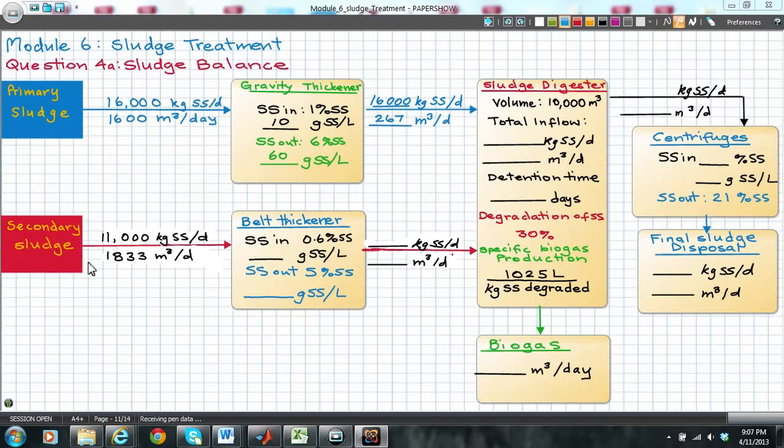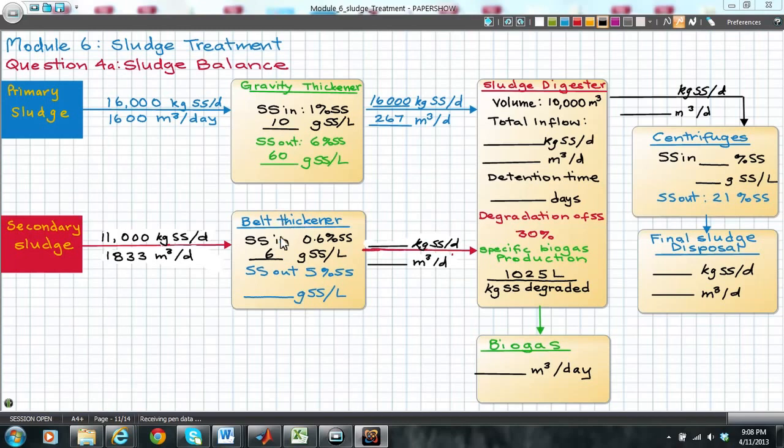Now if we look at our secondary sludge, we have 11,000 kilograms of suspended solids per day, and we have a volumetric flow of the secondary sludge of 1,833 cubic metres per day. The suspended solids is 0.6%, which gives us an equivalent concentration of 6 grams of suspended solids per litre.